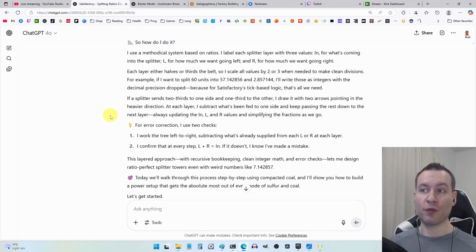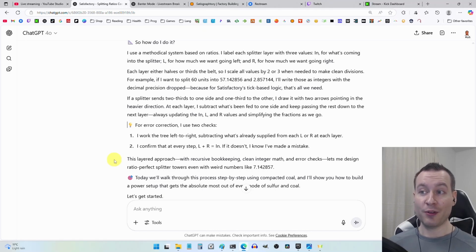For error correction, I use 2 checks. I work the tree left to right, subtracting what's already supplied from each L or R to each layer. I confirm that every step L plus R equals in. If it doesn't, I know I've made a mistake.